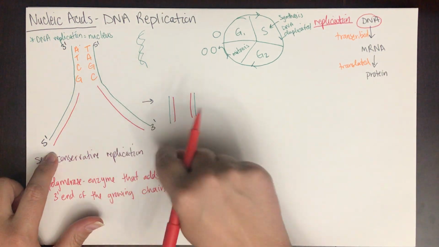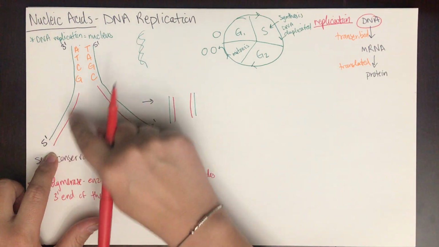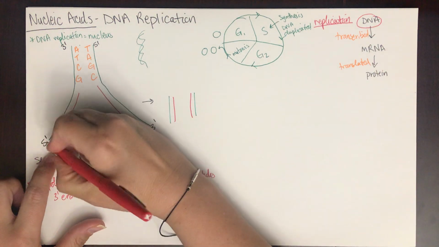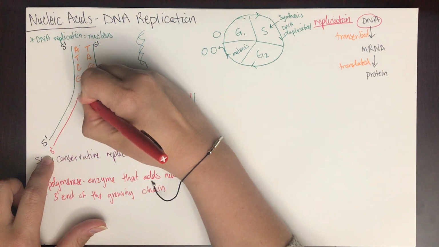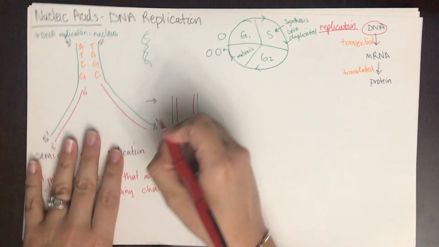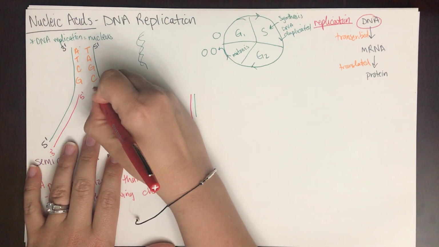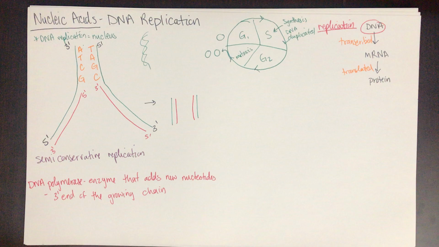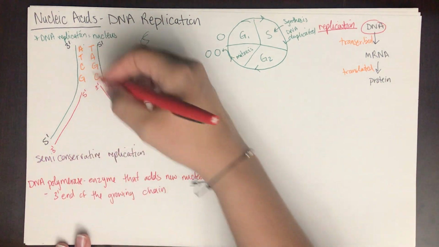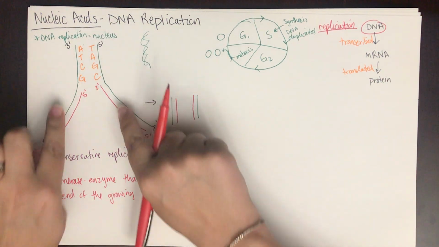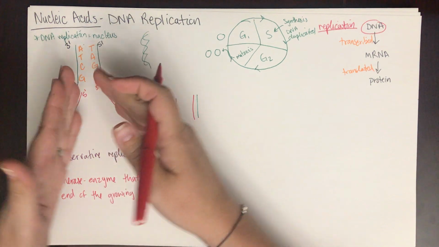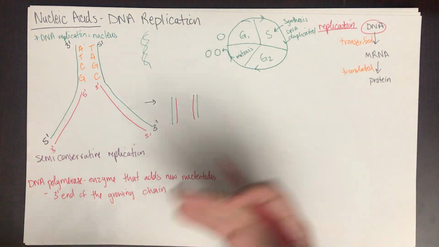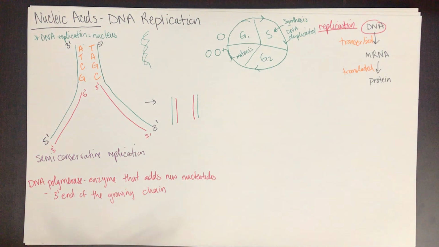So these strands both have a directionality because these strands are anti-parallel. So that means this is 3', this is 5', this is 5', this is 3'. So the replication is going to follow this replication fork. You can think of this like a zipper, and this is going to continue to open as we go through the strand that we're trying to replicate.